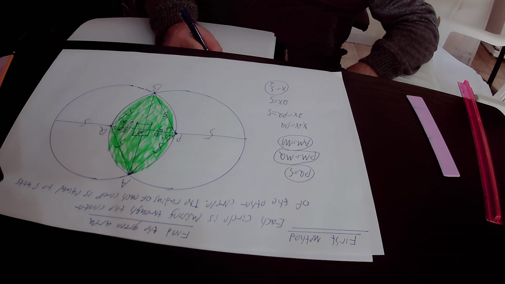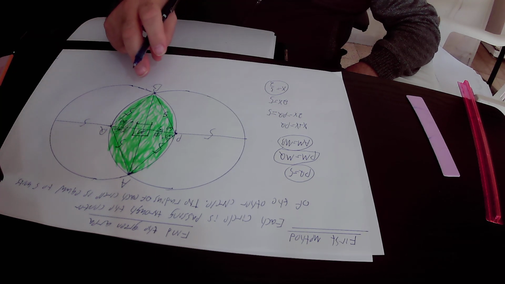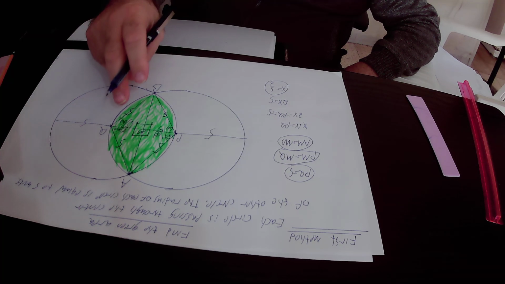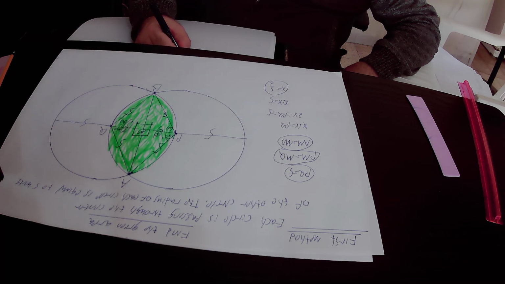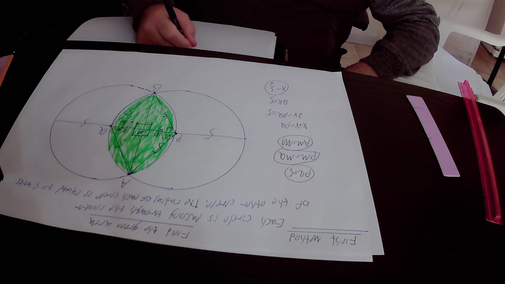So the area of segment APB will be equal to the area of sector AQB minus the area of triangle AQB.